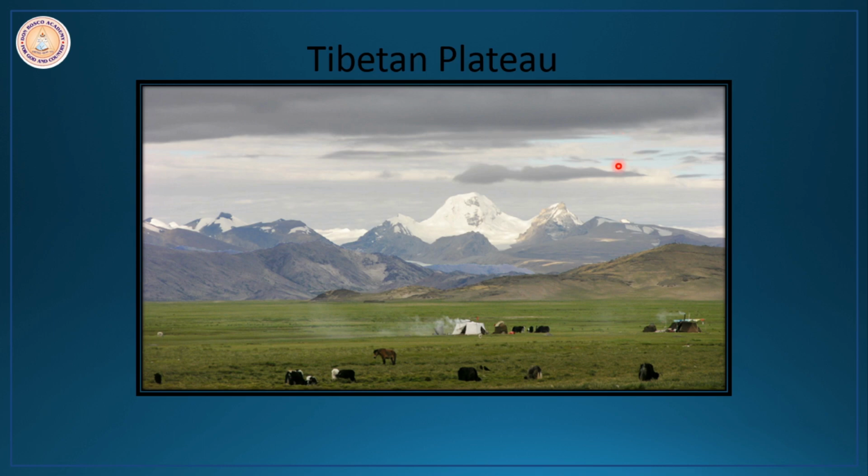But they are one of the most important grazing grounds, because grazing is the main occupation of people who are living on these plateaus.